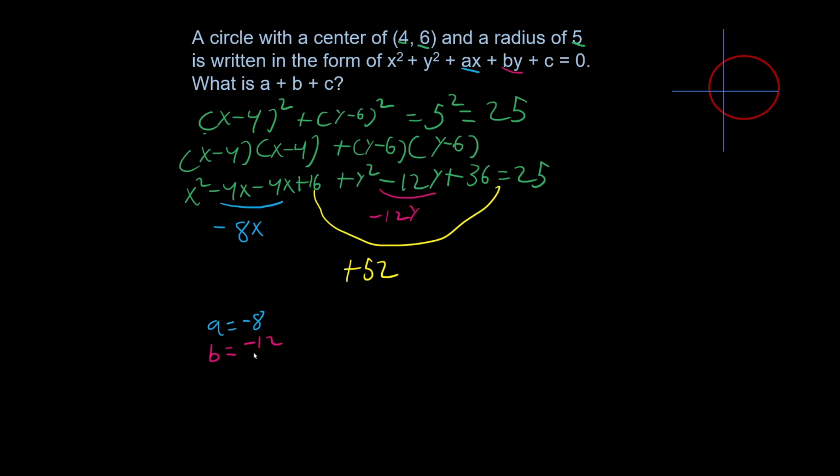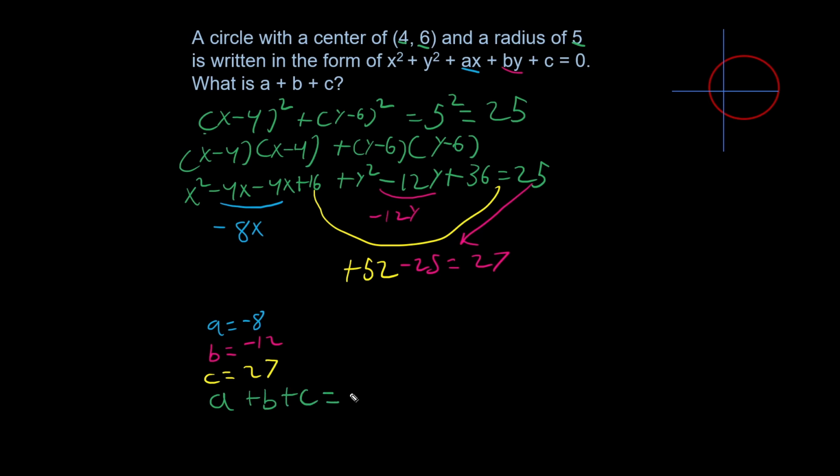So instead we're going to move the 25 over and subtract it. Exactly. Drawing an arrow here just to show that off. 52 minus 25 is positive 27. So for our c value, we have c equals 27.